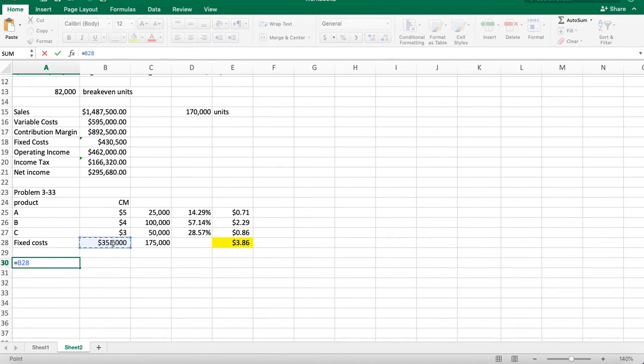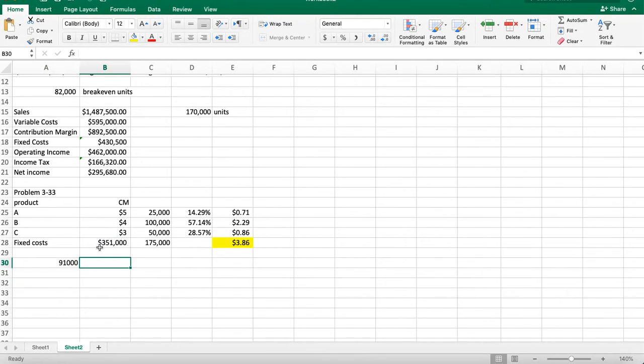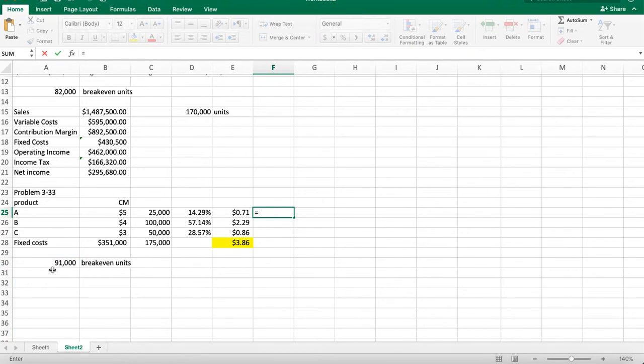Then we take our fixed cost divided by our weighted average contribution margin, and that gives us the number of break-even units. Now, how many of each one? Well, you go back to your percentage. And so we take 91,000 times 14.29%. We take 91,000 times 57.14%.